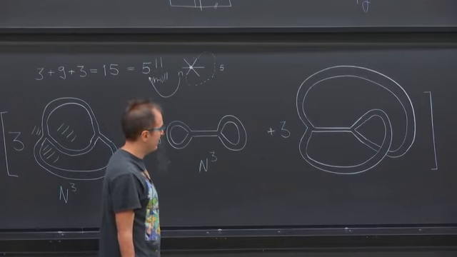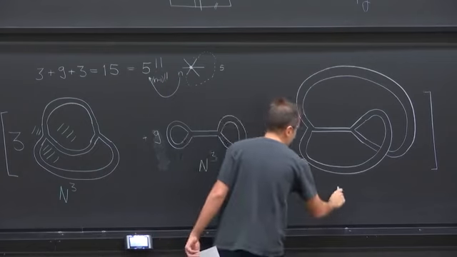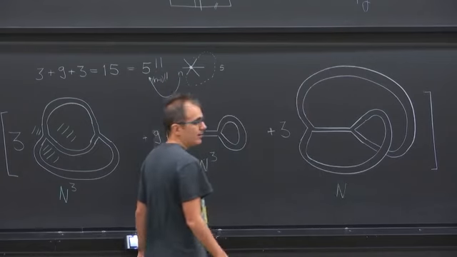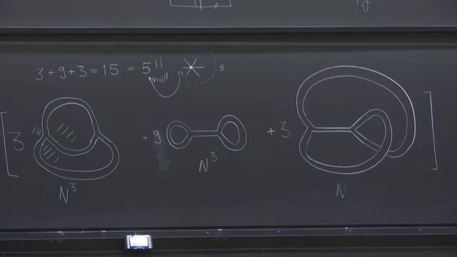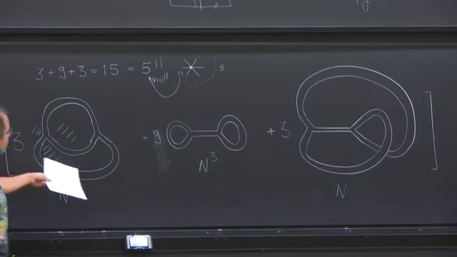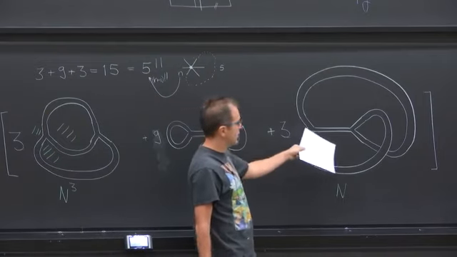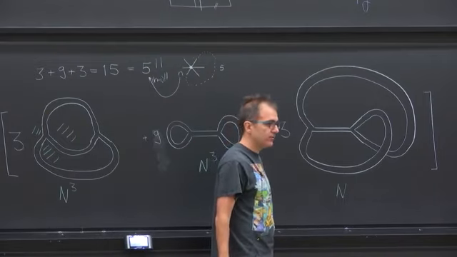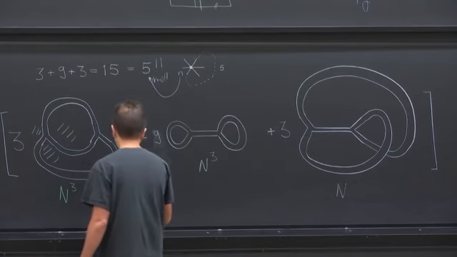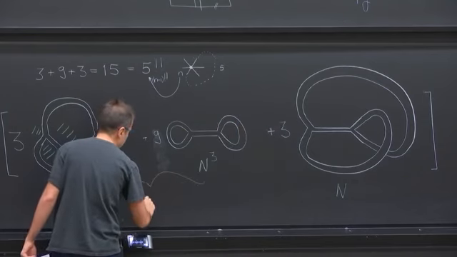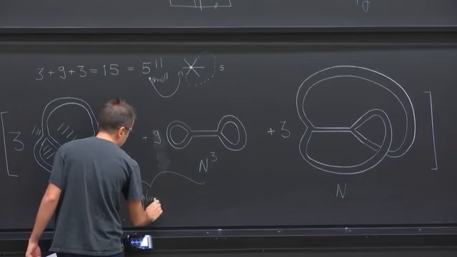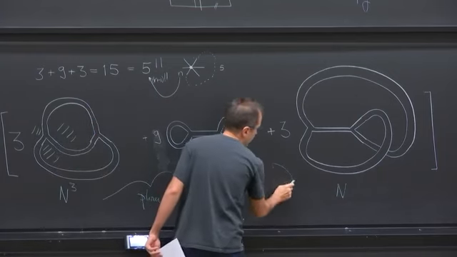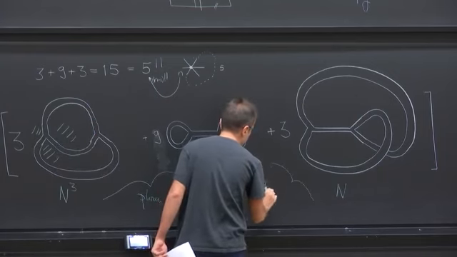This is just one loop. It's just 1 loop, n. And same story. This diagram can be drawn on the plane. This diagram can be drawn on the plane. This diagram can be drawn on a genus 1 surface. So again, these ones are planar, and this guy is genus 1.